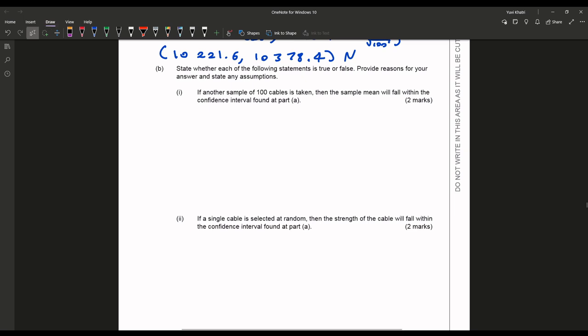Now part B gives us these statements, and it's asking whether they're true or false, and they want reasons. So part 1, if another sample of 100 cables is taken, then the sample mean will fall within the confidence interval found in part A. Now, this one is false, and that's because it's random sampling, you can't have certainty in there.